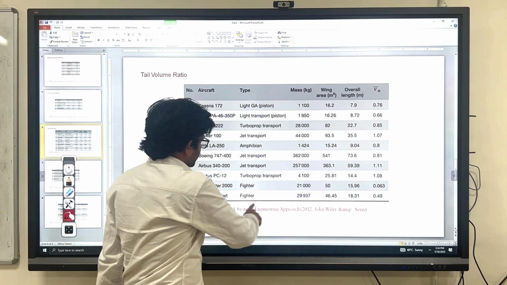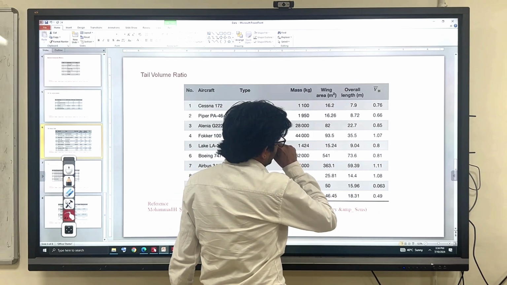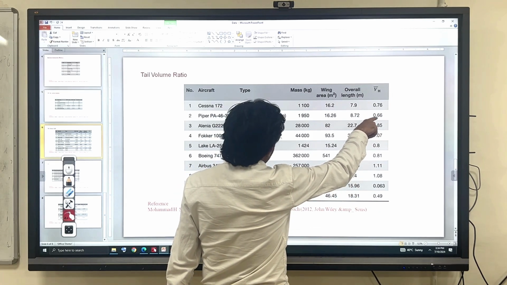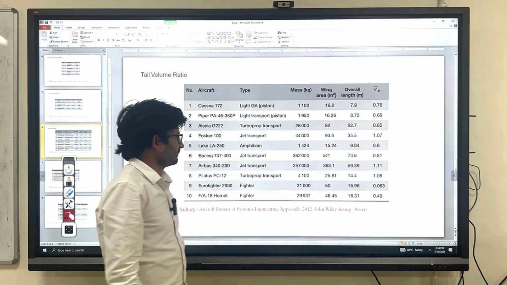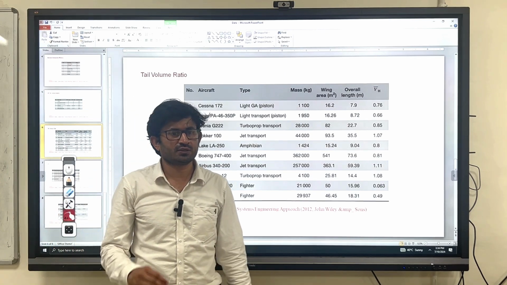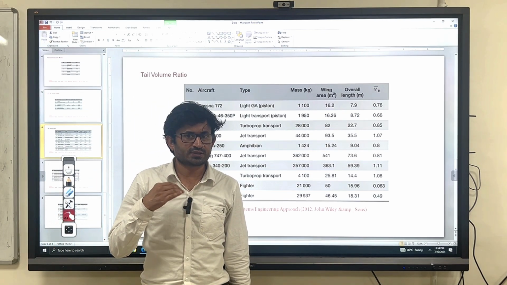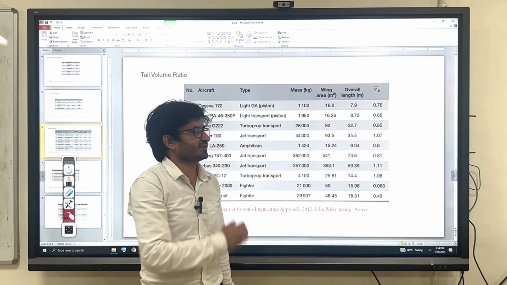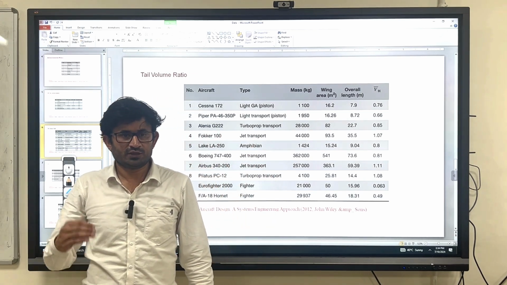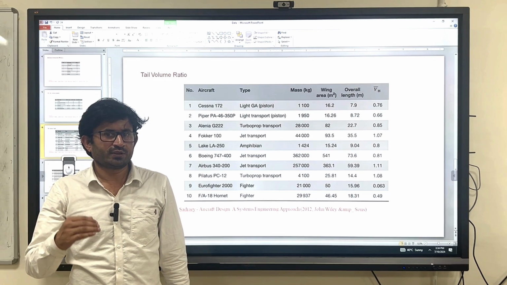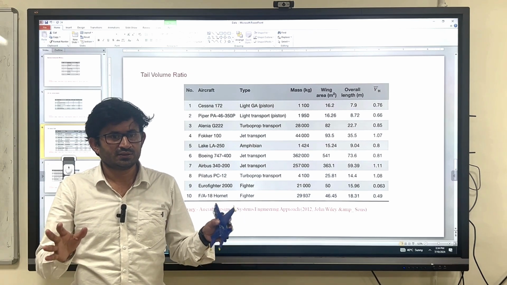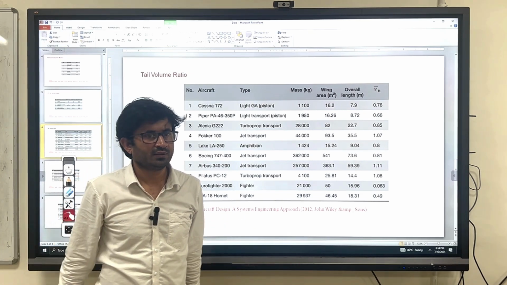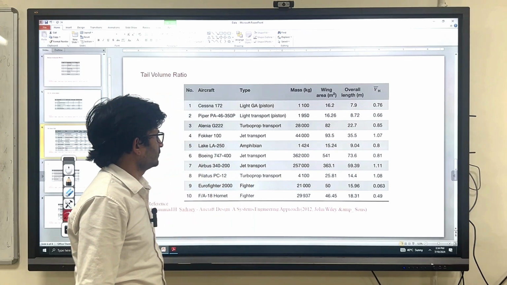This is 0.49. So you can see the Cessna has more than the F-18, because the F-18 is not as stable an aircraft as the Cessna. So if the tail volume ratio is more, your stability will be more. In that sense, you can develop some feel for the tail volume ratio.